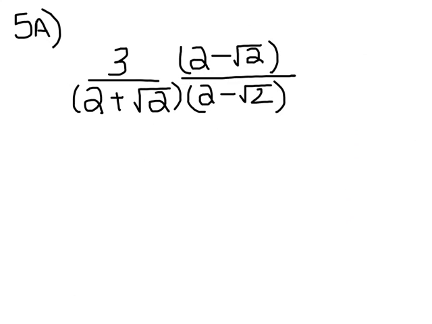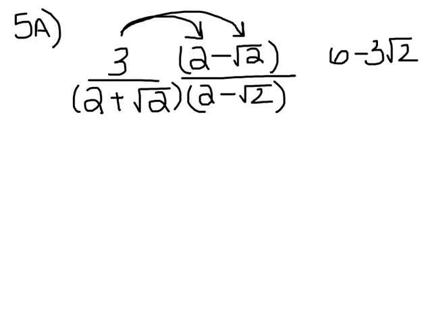In our numerator, we'll have 3 times 2, which is 6. Then we'll have 3 times a negative 1 radical 2, which will give us a negative 3 radical 2. In our denominator, we'll have 2 times 2, which is 4. Then we'll have 2 times negative 1 radical 2, which will give us a negative 2 radical 2.